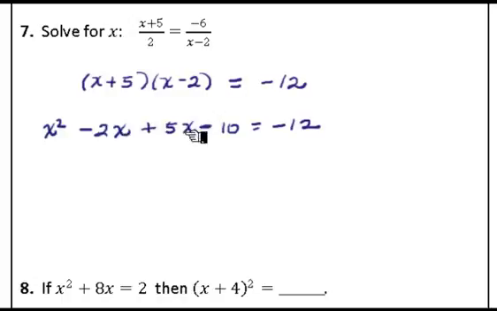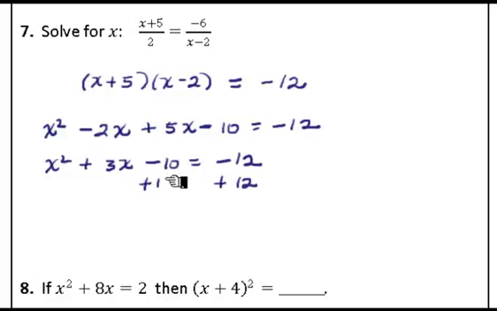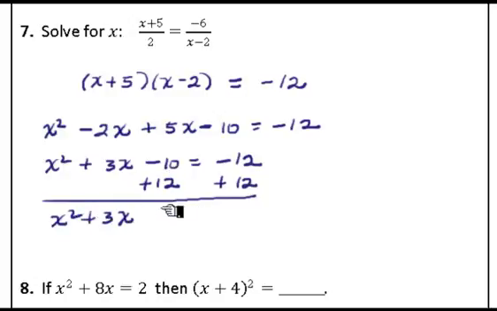All right, combine these like terms, and we have x squared plus 3x minus 10 is equal to minus 12. And we want 0 on the right-hand side for this to be in standard form. So we'll add 12 to both sides. We have x squared plus 3x plus 2 is equal to 0.